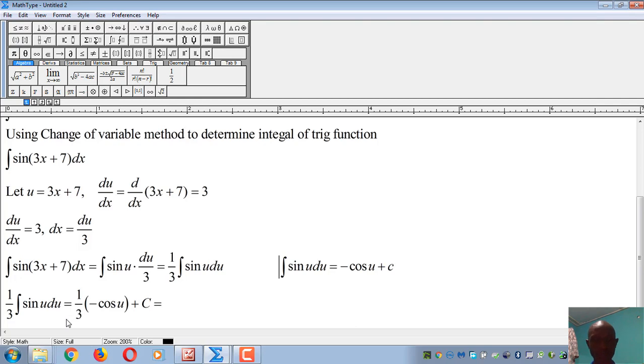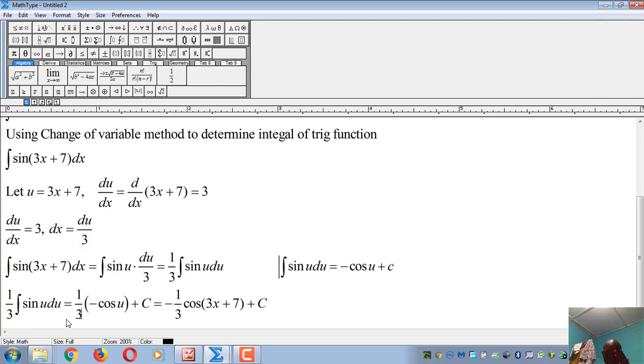So I will now put back my u: 1 over 3, so that minus can come here, minus cos 3x plus 7, plus my c. So that gives us that. Now this is how to go about this. This is an application of the change of variable method.